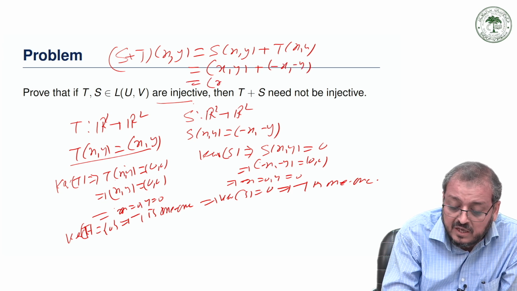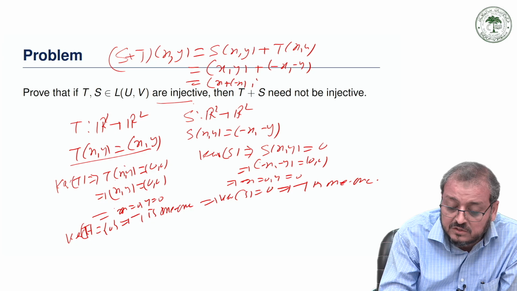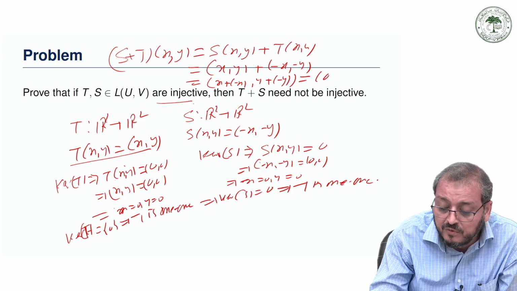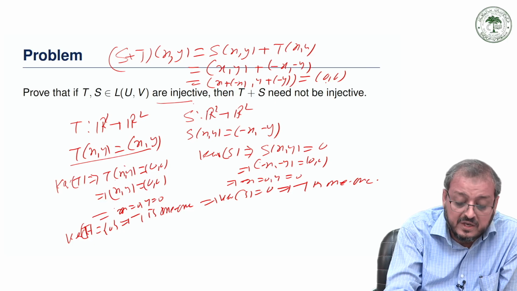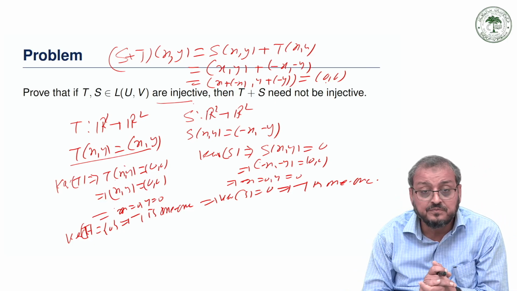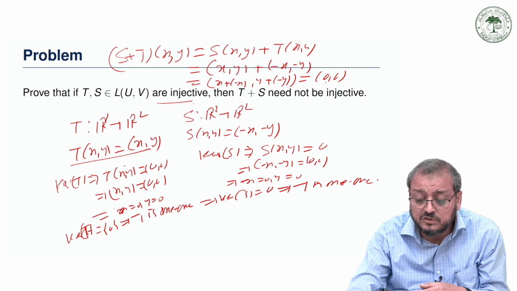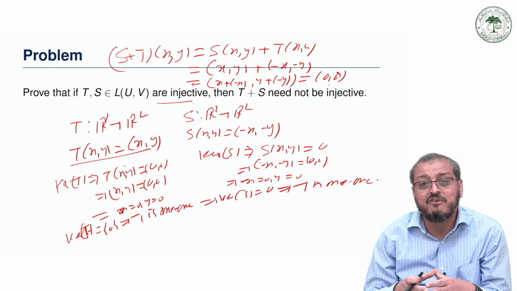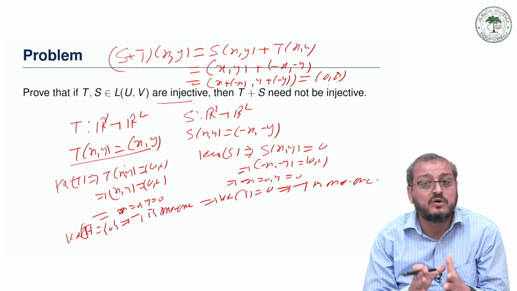This is (x minus x, y minus y), which is equal to (0, 0). So clearly (S plus T) of (x, y) is equal to (0, 0). So if we take two different values and they give the same value, this means clearly S plus T is not one-one.